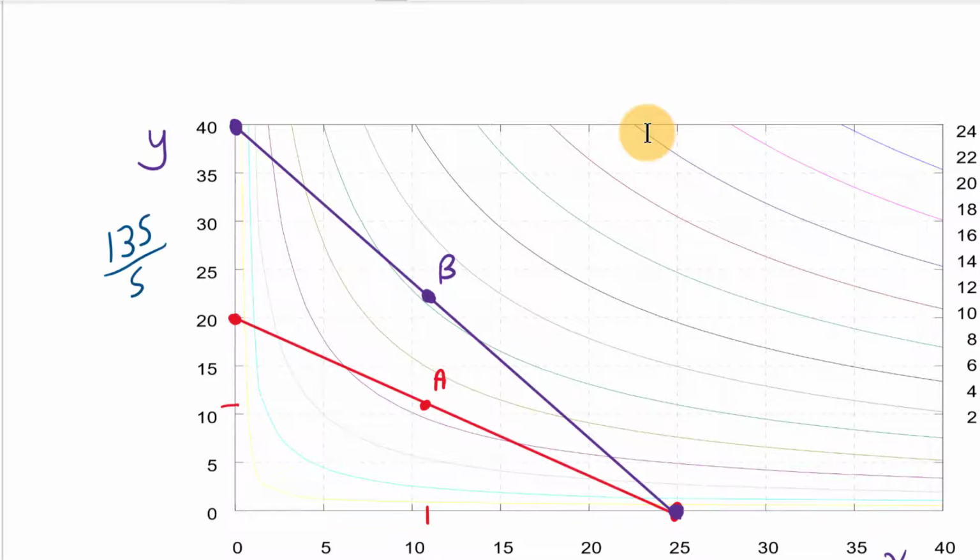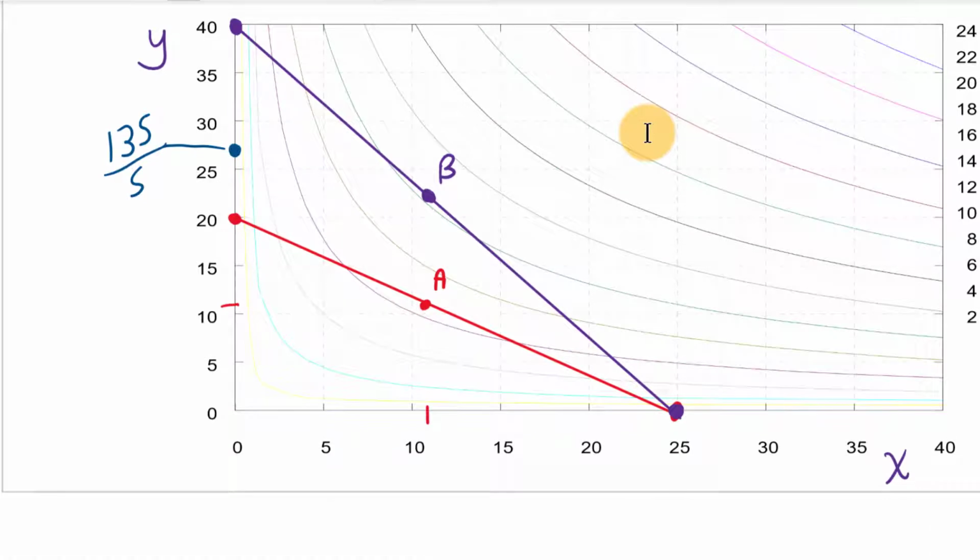So if we spent all of our money on Y, we could buy about 27. And then 135 divided by 8 is 16.875. So somewhere in this neighborhood, a little bit less than, say, 17 there.